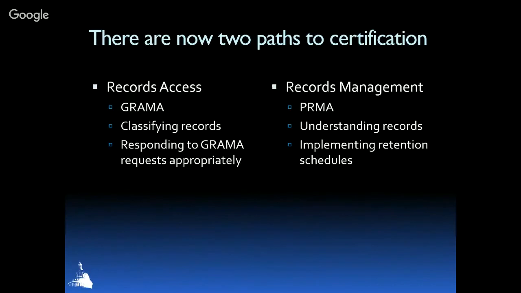So by creating a second certification training and test that concentrates on records management, records officers not handling GRAMA requests can comply with the law that says they have to certify annually, but in a way that benefits them and feels relevant. However, if you respond to requests and you maintain records, then both tests can be taken in alternating years.